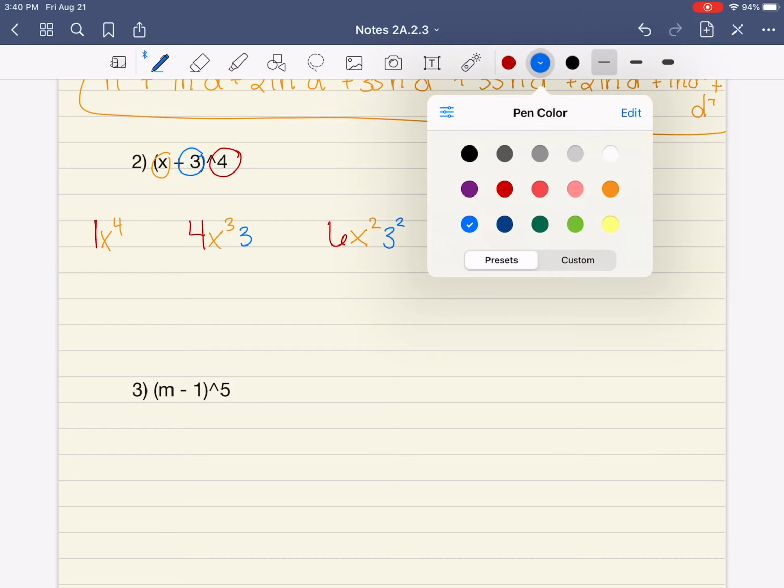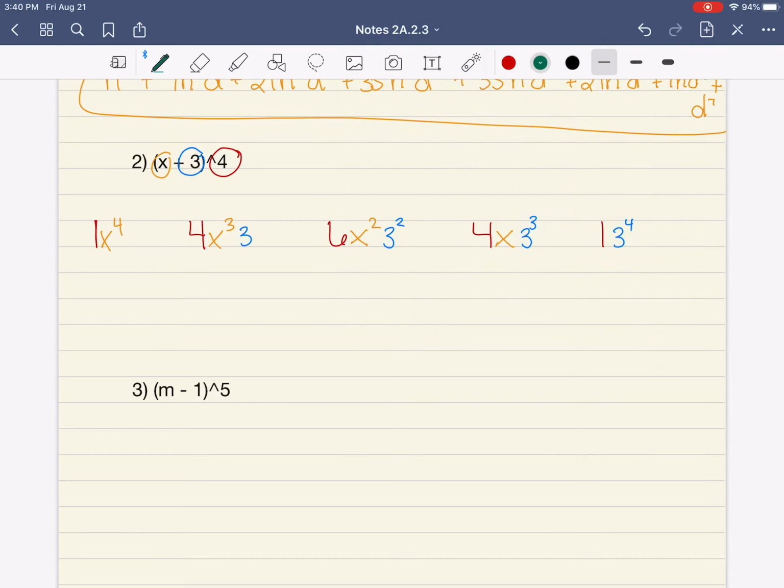All right, so here when we simplify, we have a little bit more work than we did in our last problem, okay? So the first term is 1x to the 4th, so it's just x to the 4th. But now I actually do have some numbers to multiply. 4 times 3 gives me a 12x cubed. 3 squared is 9, so 9 times 6, what is that? 54x squared.